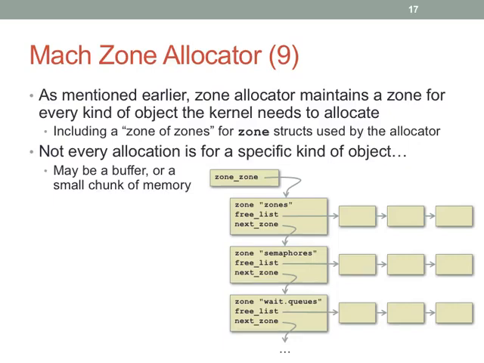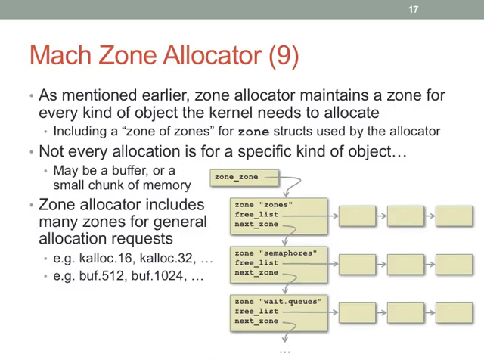Now, you will notice sometimes when you're writing a program, you don't necessarily want a pointer to an object. I just want 16 bytes. I just want 64 bytes. I need to do something in 64 bytes. And so you say, I want a buffer, and you use it, and then you finish with it. Well, the zone allocator actually keeps zones for those kinds of things as well. Okay?